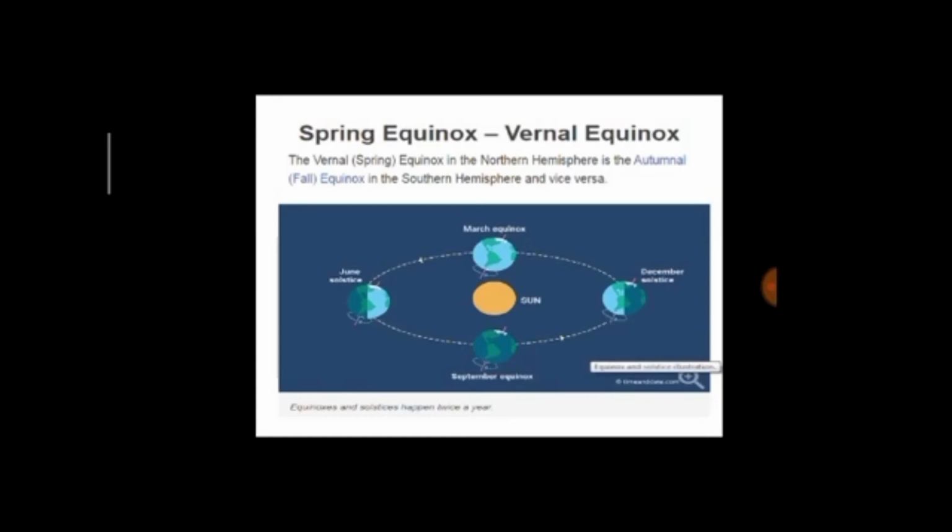Means when on one side of the earth there is vernal equinox, on the other side there is autumnal equinox. Okay, in the southern hemisphere. You can see on the screen the March equinox and the September equinox, then the June solstice and the December solstice.